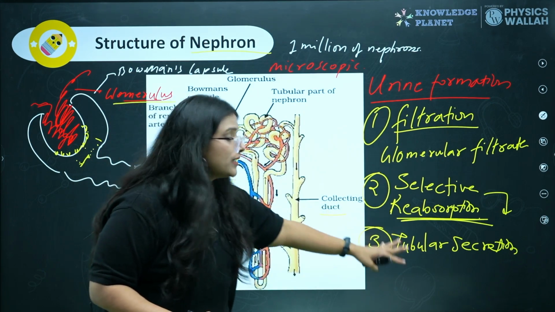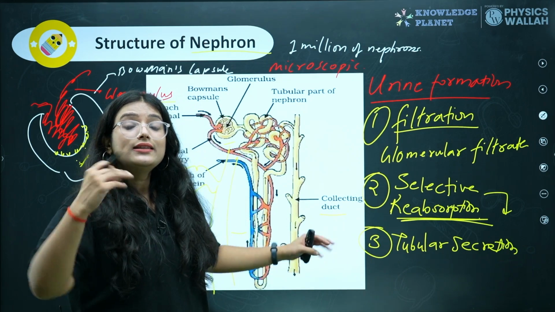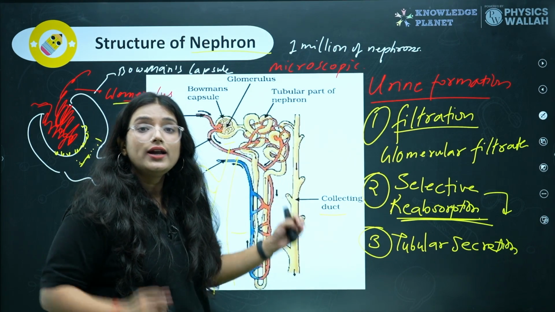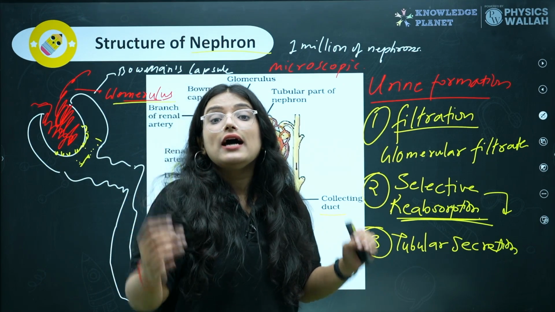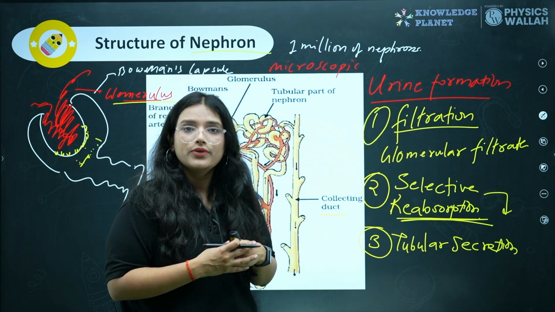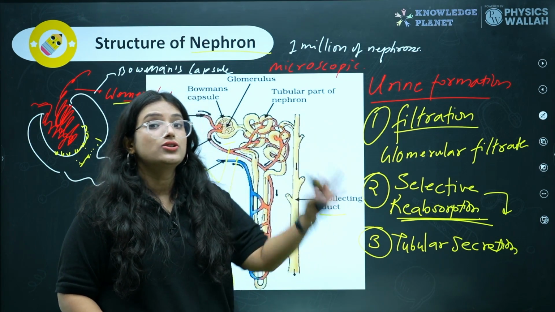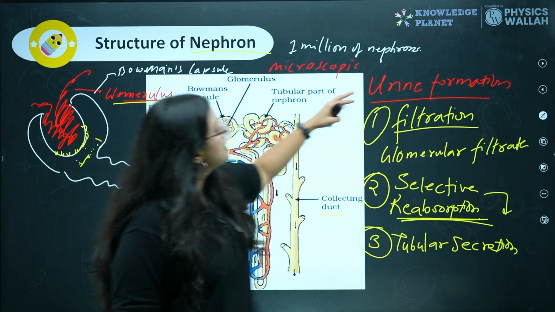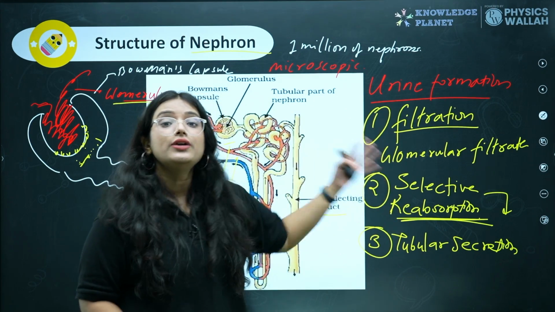In tubular secretion, we are secreting things again into the tubules: excess water, some electrolytes so that they can maintain the pH balance, and also nitrogenous waste, urea. So these are the 3 steps of urine formation.